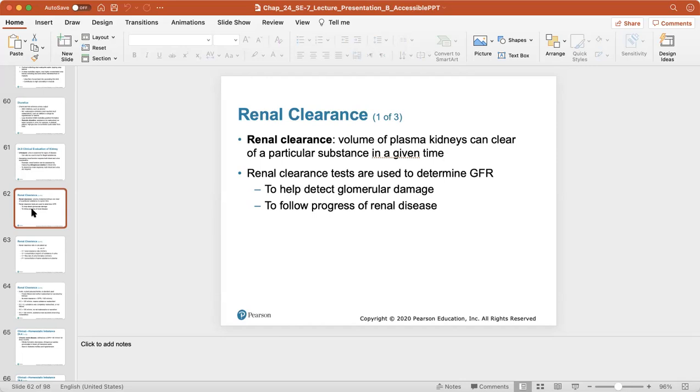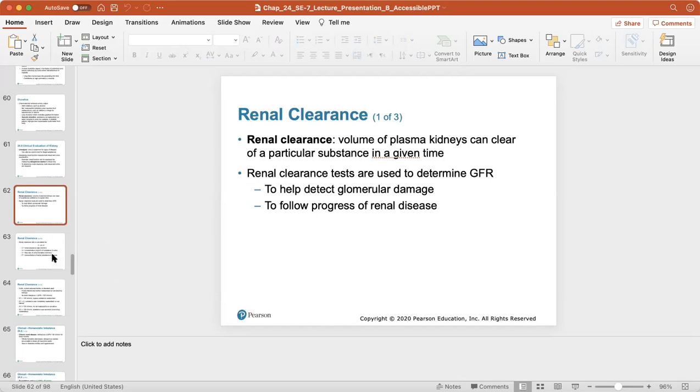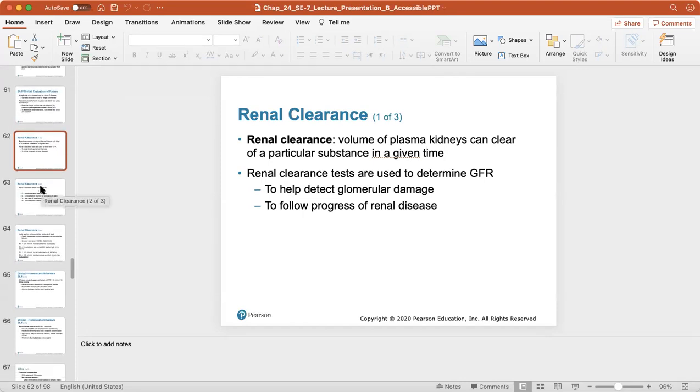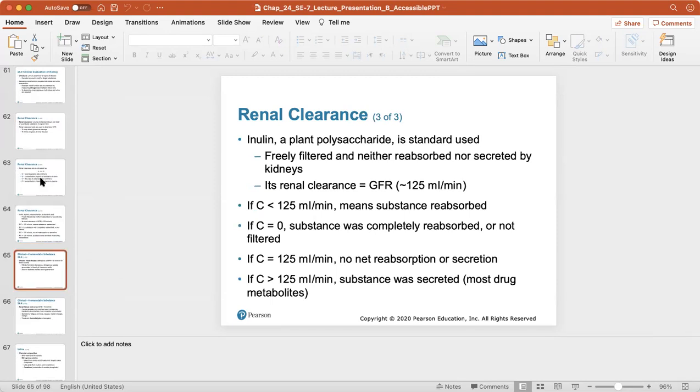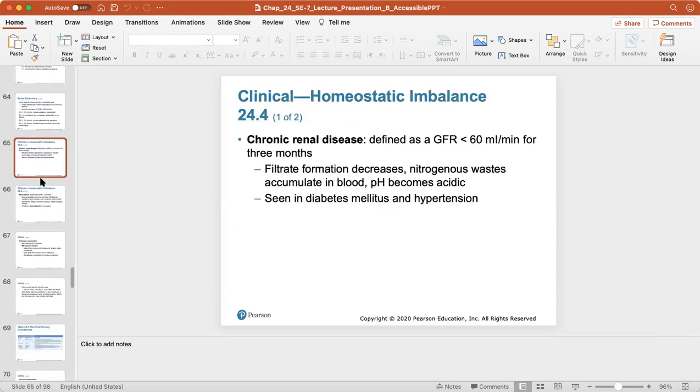Renal clearance is the volume of the plasma kidneys can clear of a particular substance in a given time. It helps to determine glomerular filtration rate to help to detect if there's any damage or disease in the kidneys. This is how to calculate renal clearance, which you will not need to know.